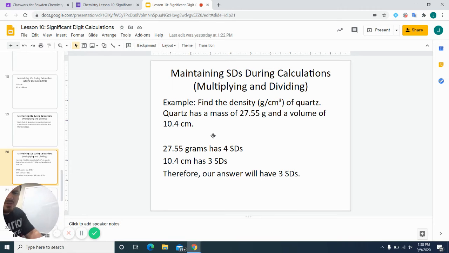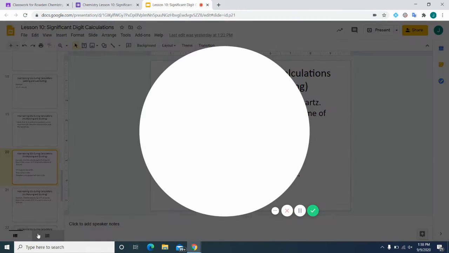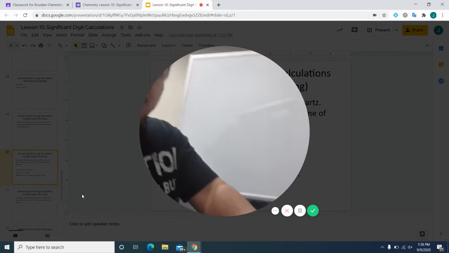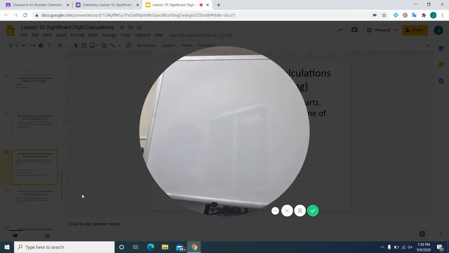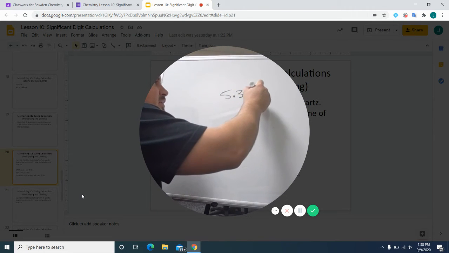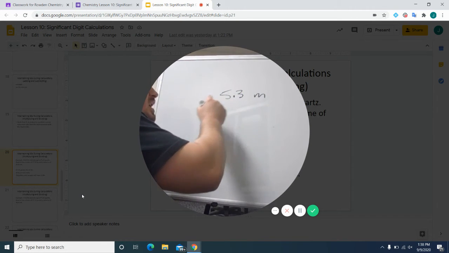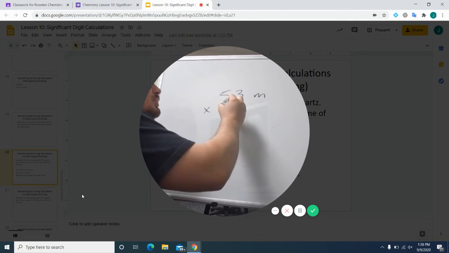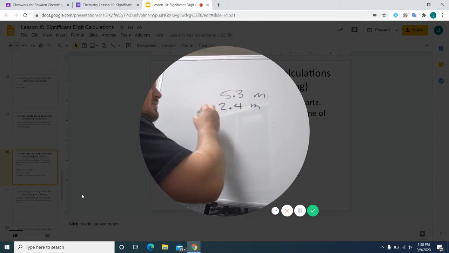We might have an example here. Okay, so let's do, I'm not going to do that problem right now. I'm just going to make my own. So let's do something like if we have 5.3 meters times 2.4 meters.